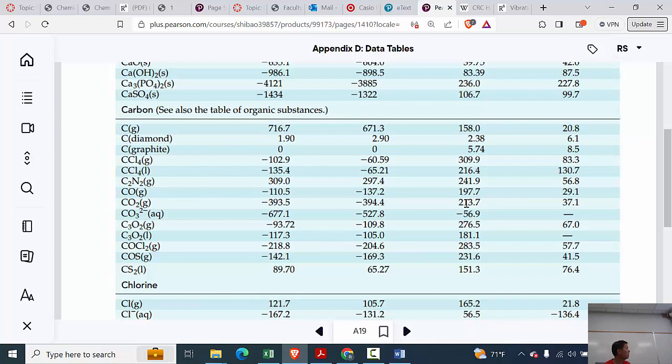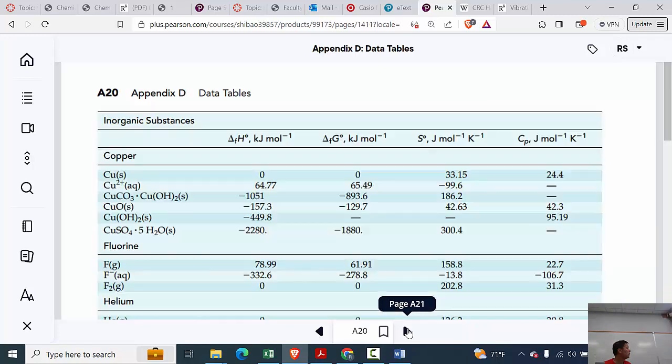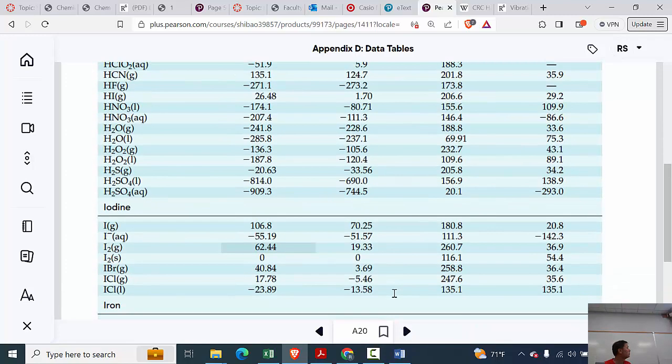We got that. We need the entropy for oxygen, and we need the entropy for water. So what comes next would be water.